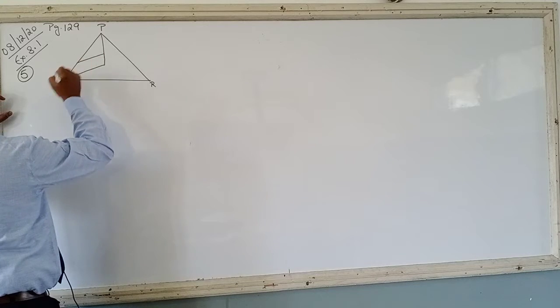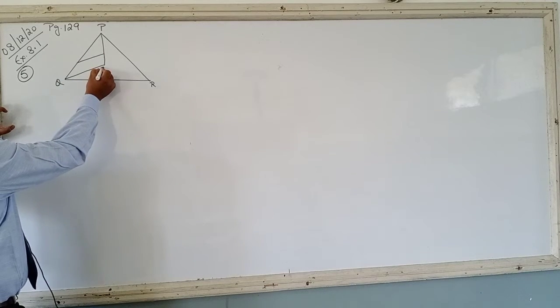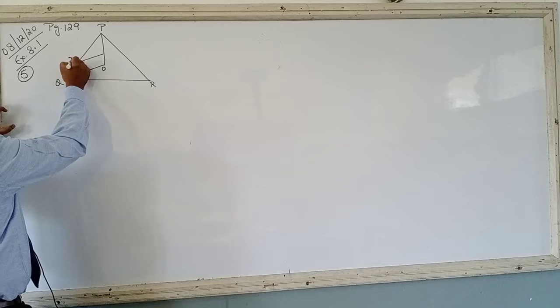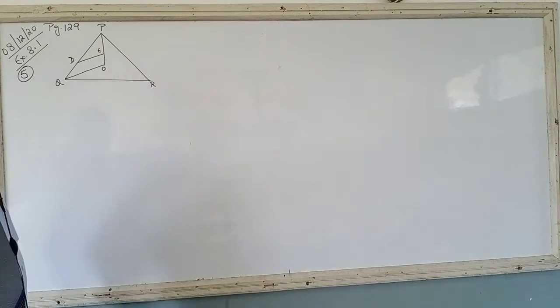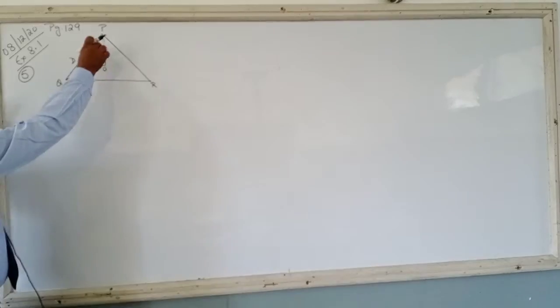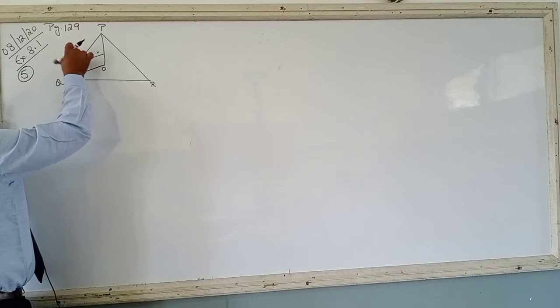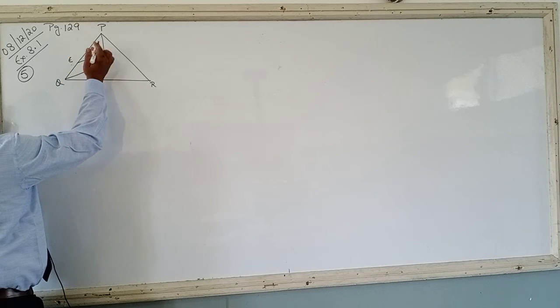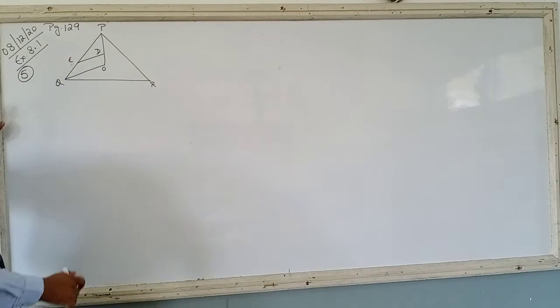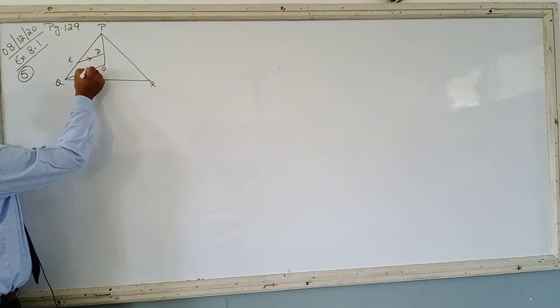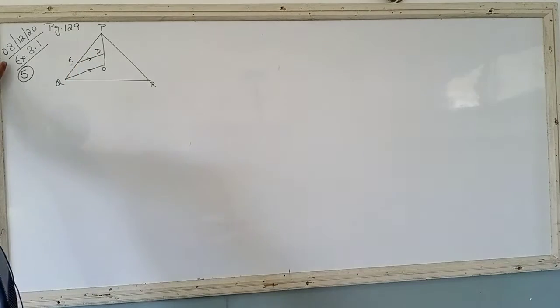Can you see that? This is E and this is D. See the figure. This DE is parallel to OQ. We have drawn the figure.